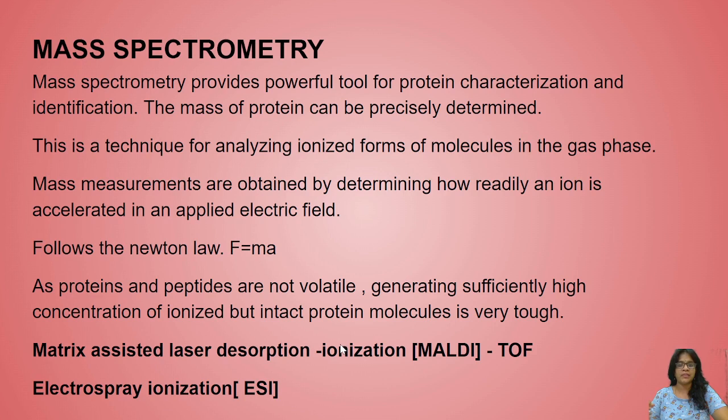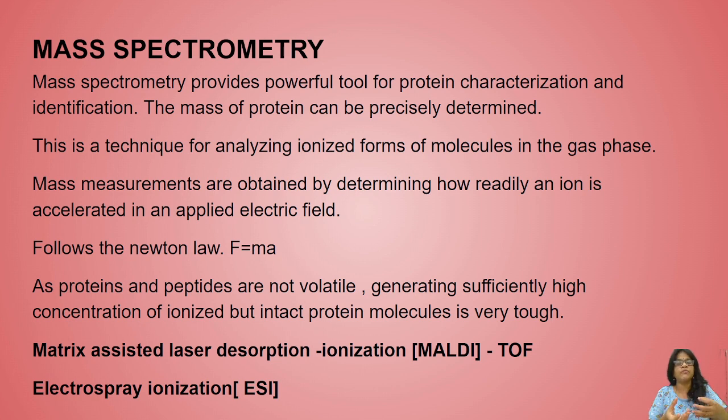Once ionized in the presence of the electric field, you catch them in your detector, where it detects the time of flight. What is called time of flight? The time that the ions have taken to move from your base towards your detector gives you the time of flight. How far that particular ion travels depends upon the weight of that particular particle.